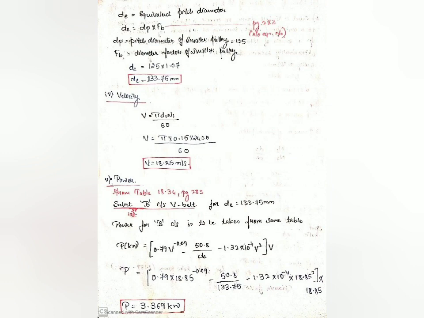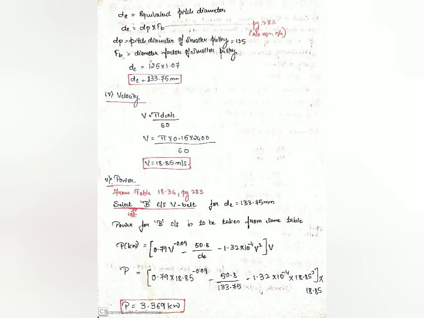So from table 18.35, page 284, for the speed ratio range between 1.179 and 1.22, the diameter factor is given to you as 1.07. So substitute this value in the equation of effective pitch diameter, you will get d equal to 133.75 mm.